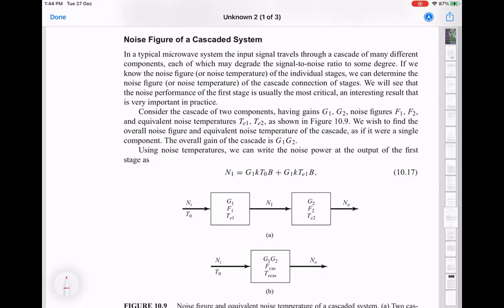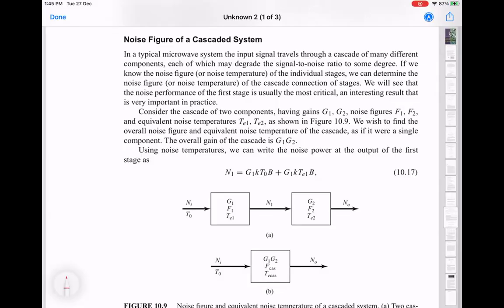So this is Tn1 plus, in this term there is G2, K and B. So those will get cancelled, but G1 will remain. So I get Tn2 divided by G1.